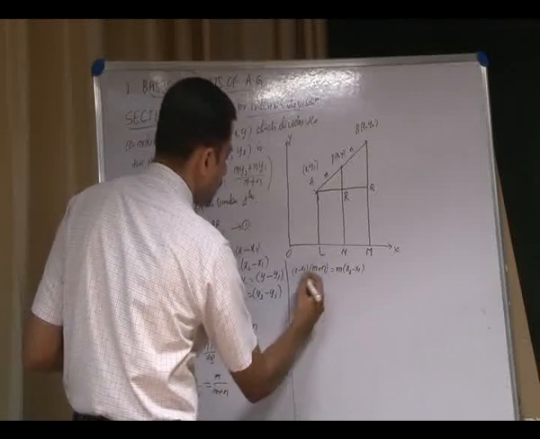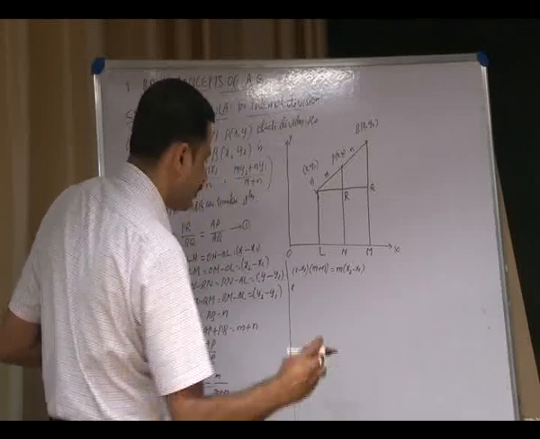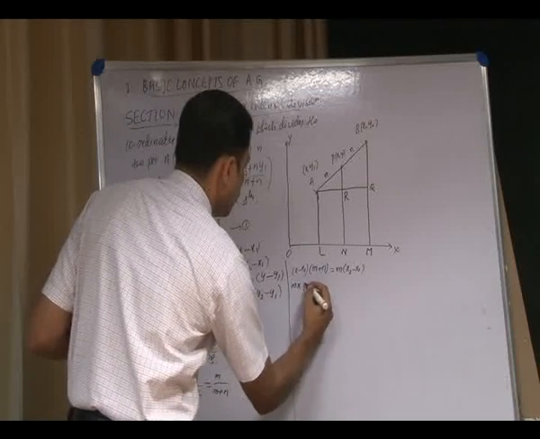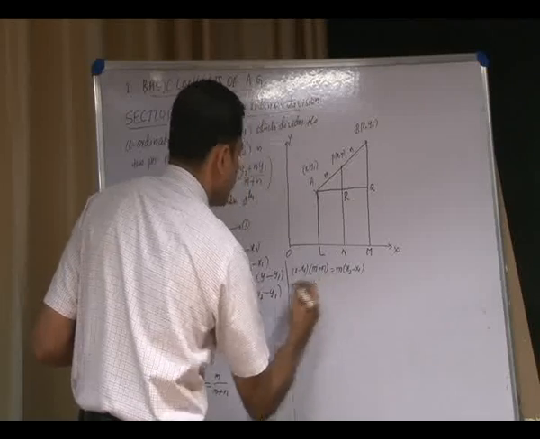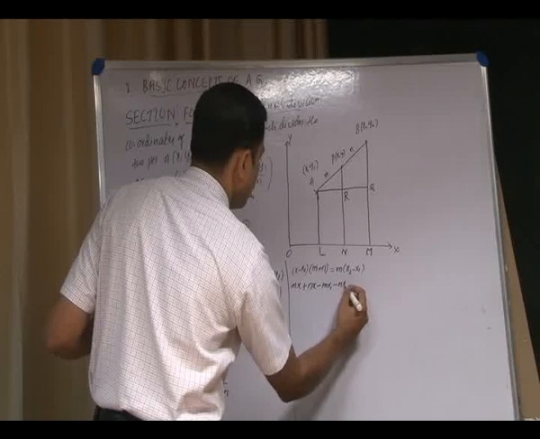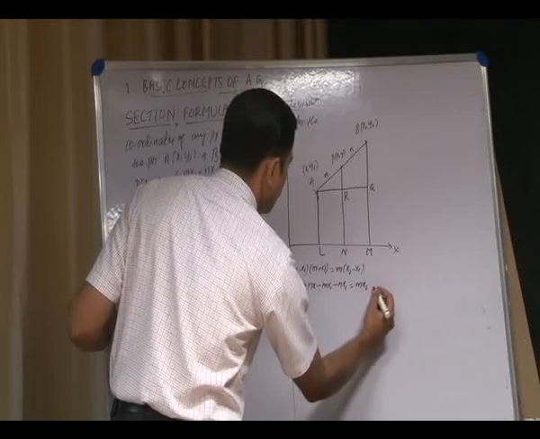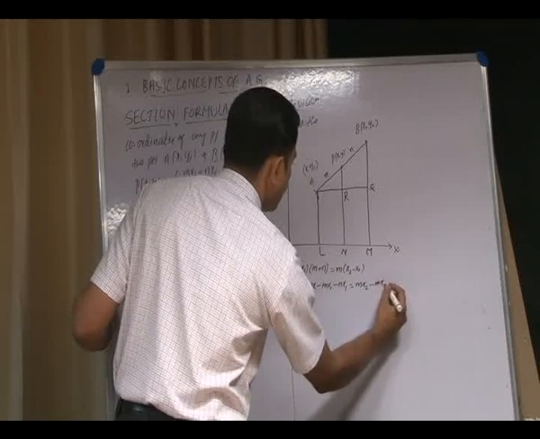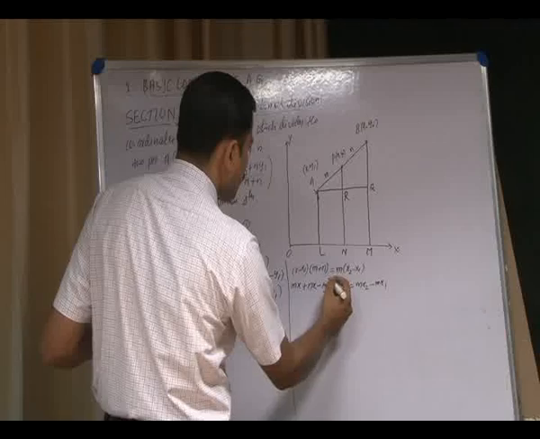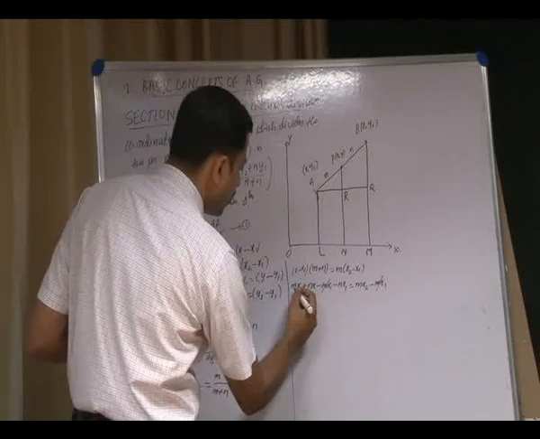Multiplying out, we can write m into x plus n into x, minus m into x1 minus n into x1, is equal to m into x2, that is mx2, minus mx1. Minus mx1 can be cancelled from the left hand side and right hand side.